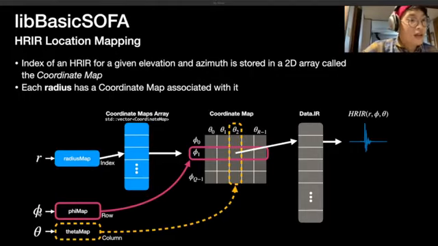Next, the elevation angle, or phi, is entered into a phi map, another std unordered map object, and it returns the row of the coordinate map where our impulse response will start. Then finally, it takes the azimuth angle, or theta, goes through another map, and that returns the column. Using the row and column, you're able to determine the location where the impulse response starts in data.ir, the array that stores the impulse responses.